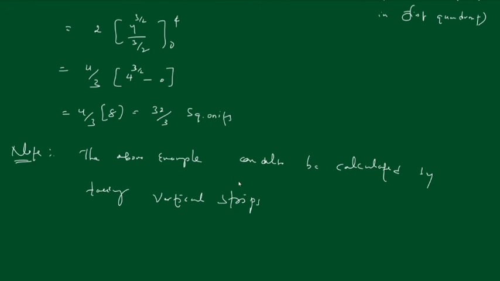So already we have discussed in this lecture the area under the curve and the area of a region bounded by the curve and the line, right? So in the next lecture we will discuss specifically the examples of exercise 8.1.